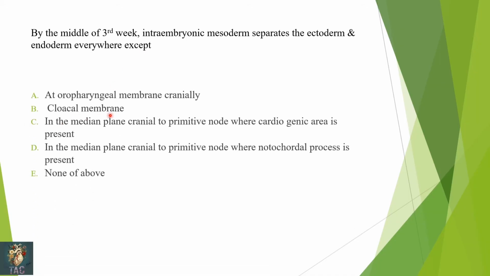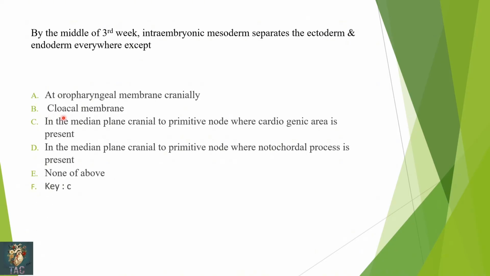Next MCQ: by the middle of the third week, intraembryonic mesoderm separates the ectoderm and endoderm everywhere except, and that is at the oropharyngeal membrane cranially, the cloacal membrane, in the median plane cranial to the primitive node where the cardiogenic area is present, in the median plane cranial to the primitive node where the notochordal process is present, or none of the above.